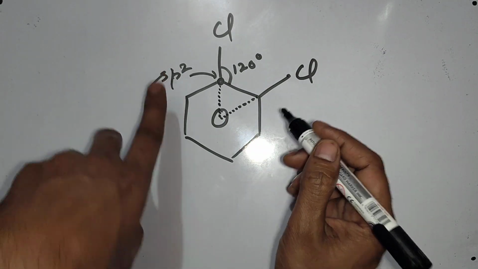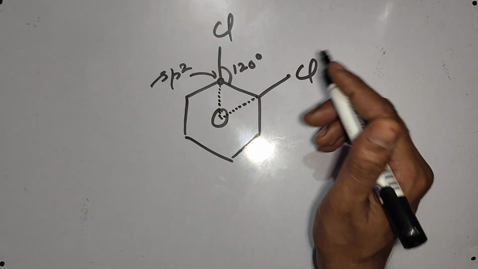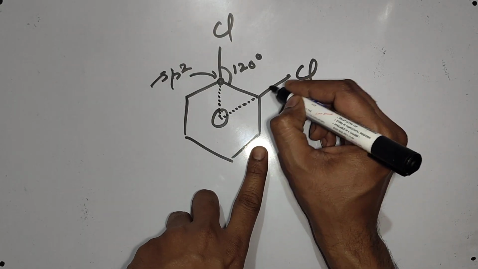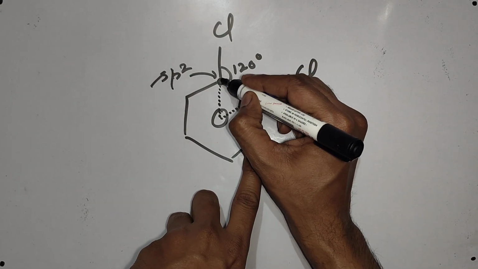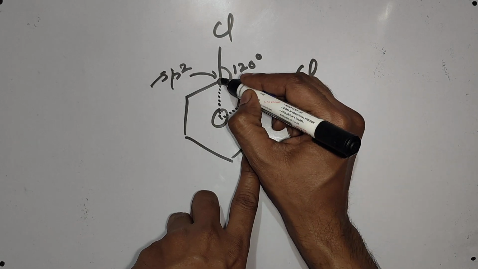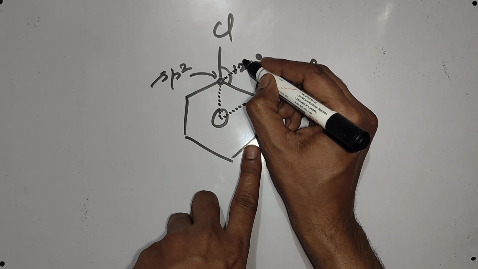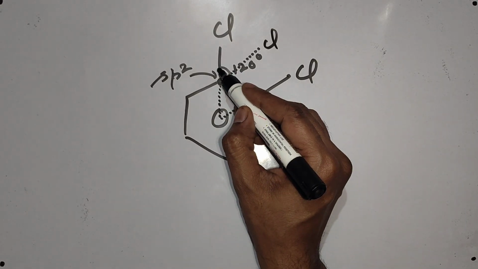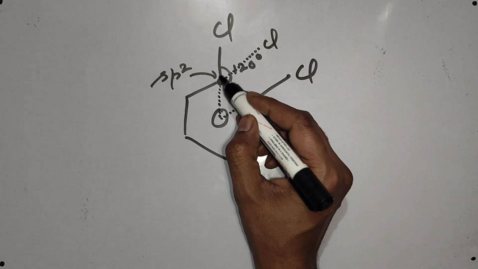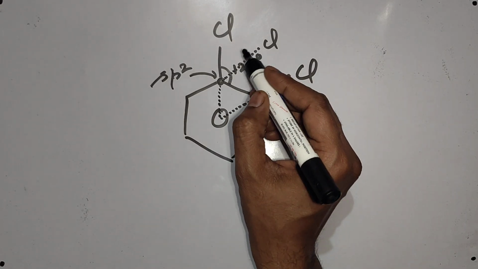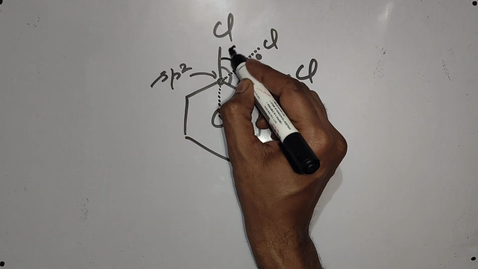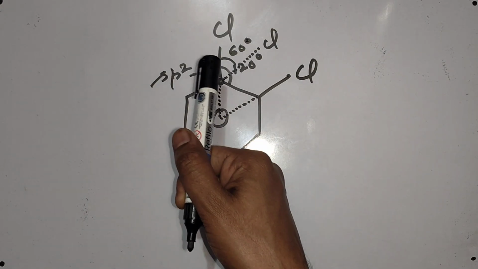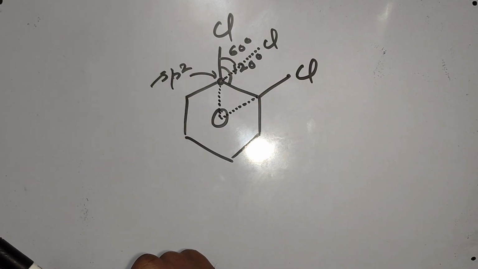So what will be the angle between these two chlorines? Look, it is very easy to judge. Just draw a parallel chlorine over here to this one, like this. In this fashion, you can find the angle between them. If overall it is 120 degrees, don't you think it will be 60 degrees? Check.